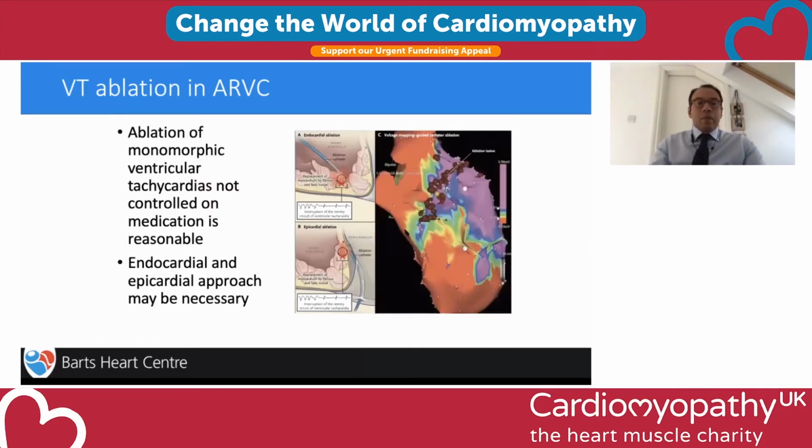A little bit about ventricular ablation. In case of arrhythmias which we cannot really control with antiarrhythmic medication, ablation can be a very successful way to control the ICD shocks as well as the arrhythmias. In arrhythmogenic cardiomyopathy, we may need both an endocardial approach, meaning wires inside the heart, and sometimes external wires around the heart to ablate.